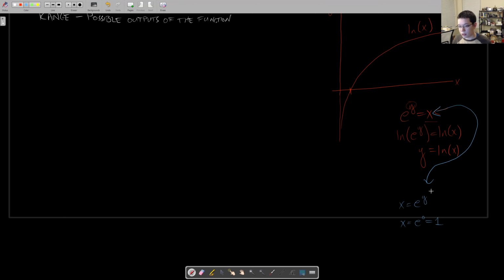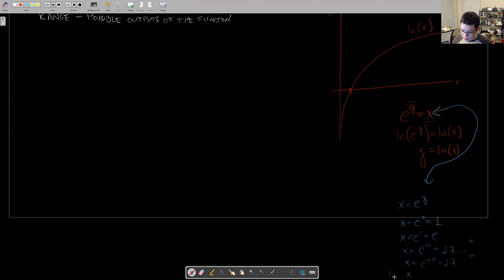If I just keep putting in bigger and bigger numbers for y, what happens to x? Well, x equals e to the 1 equals e, to the 10 equals some really big number, so it's 2.7 something to the 10. X equals e to the 100. Well, this e is bigger than 1, so it's going to be 2.7 something to the 100, which is really, really big. So it looks like as I plug in bigger and bigger numbers for y, I get a bigger and bigger x.